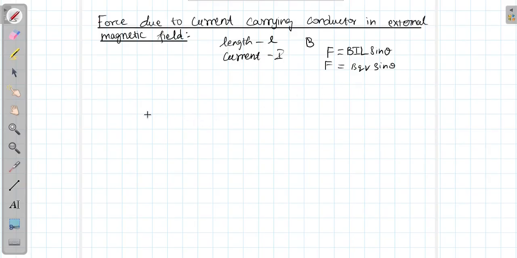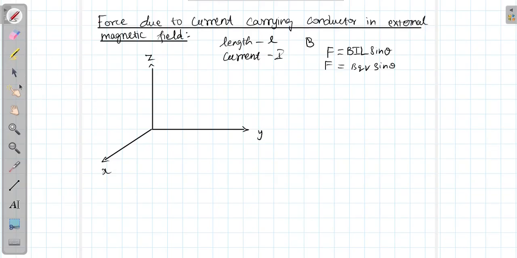Now consider we have a coordinate system with X, Y, Z axes. So this one is X, Y, and this is Z. Now the current carrying conductor is placed in the XY plane.